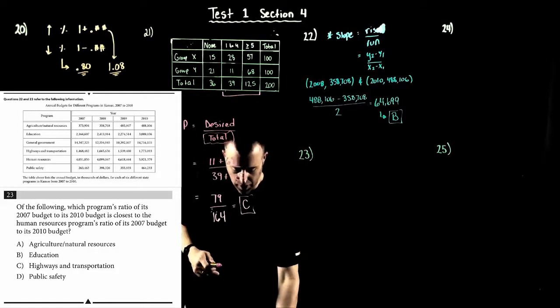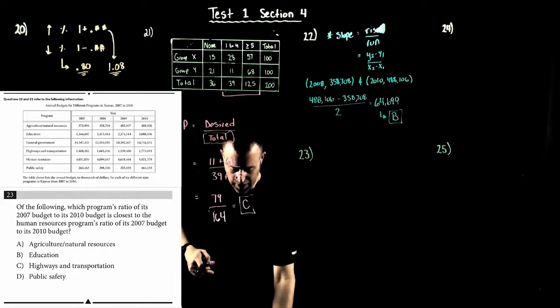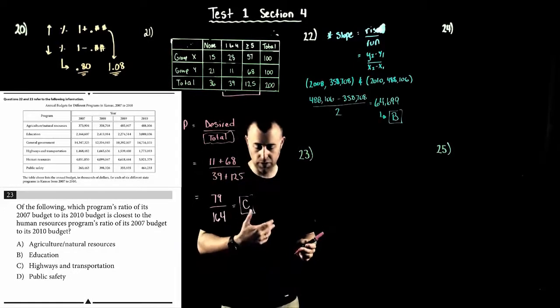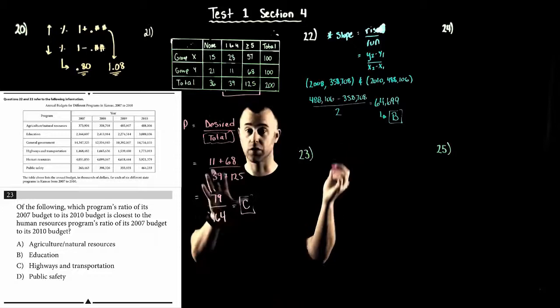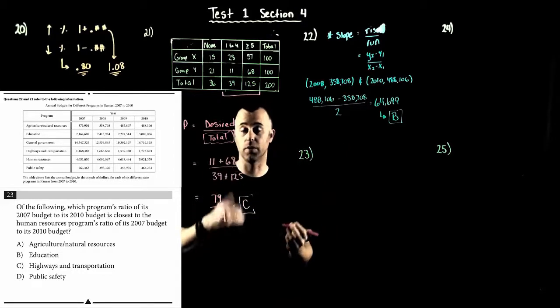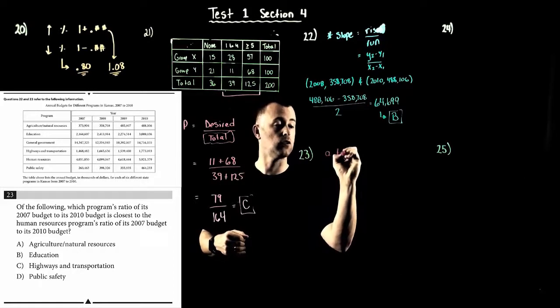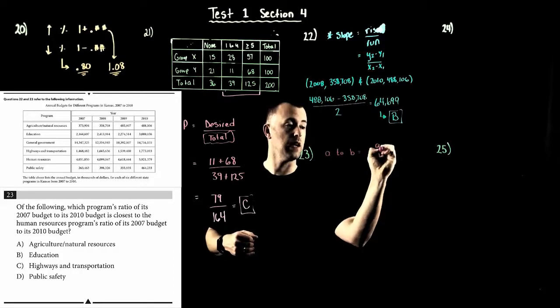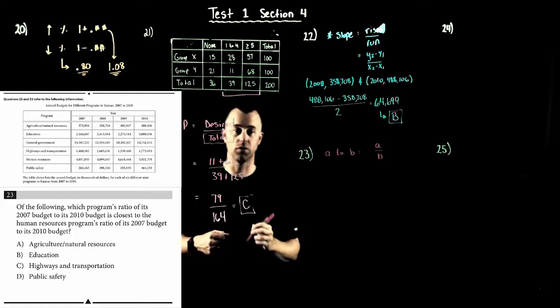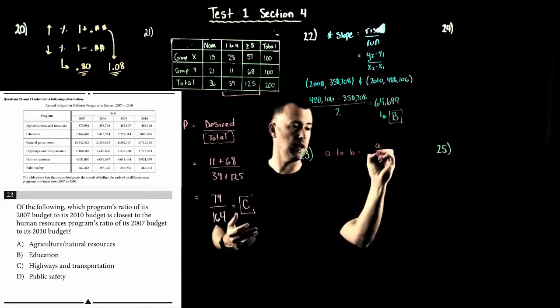So you want to look at the chart from 2007 to 2010. I'm going to look at human resources. So the 2007 one, which is going to be my numerator, that's the first number when we do our ratio. And remember, if I say like A to B, that means A divided by B. So that's what I'm doing here. I'm just dividing the A and the B value.